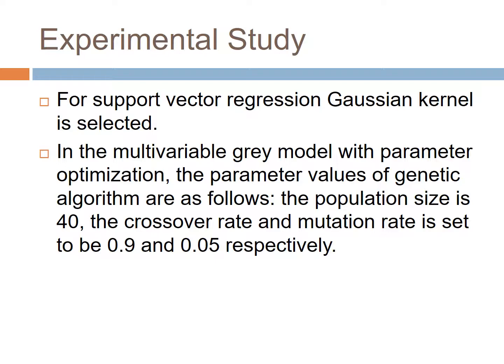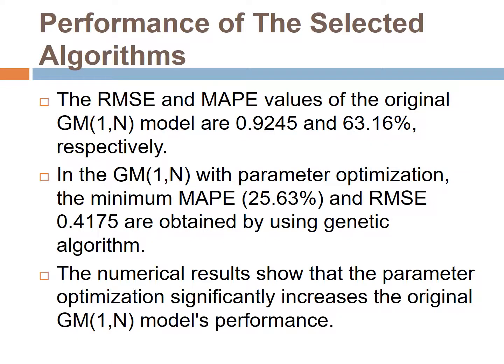In gray prediction, we should make some parameter optimization because parameter optimization significantly improves the performance of the gray prediction model. For example, as you can see, the original GM(1,N) model's prediction performance was 0.92 RMSE and its MAPE was 63%.